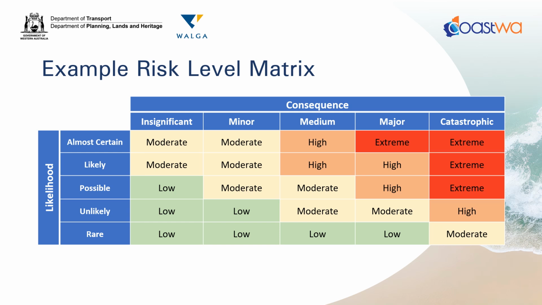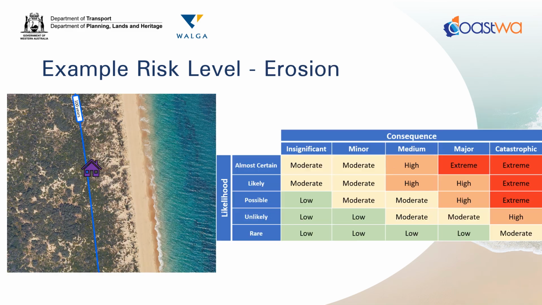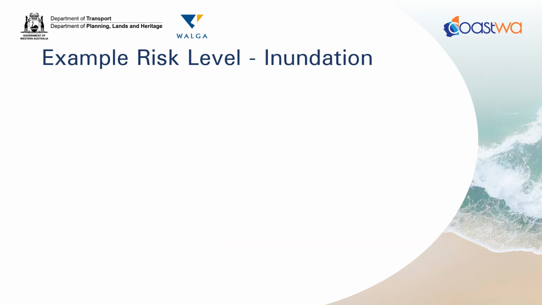So this is a pretty mechanical process whereby you're taking one line from likelihood, one line from consequence, and seeing where it ends up. So with our example from the erosion, we have a likely as the likelihood. For our consequence, we had a minor consequence, which ends up with a moderate level of risk.